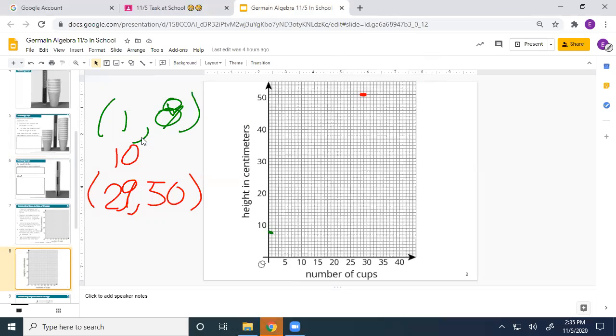So I can use a straight edge or a ruler. Connect our points to create an equation line. Let's do it. Connect those 2 points to create an equation line. I'm going to get a better one for you guys. This was sort of just spontaneous. There we go. Connect your 2 points.